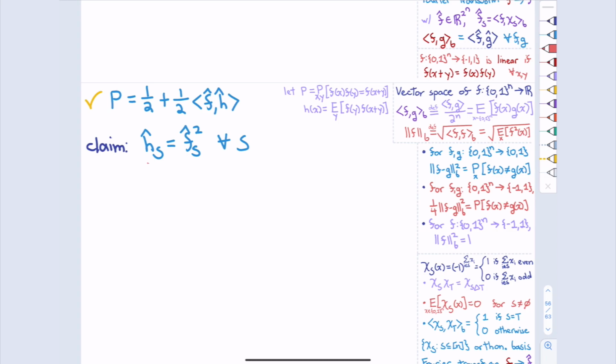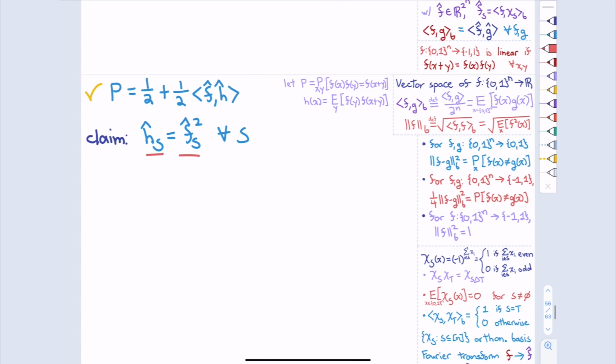The claim is that in the Fourier basis, h hat of s is equal to f hat of s squared. We're running low, but hopefully we'll finish.